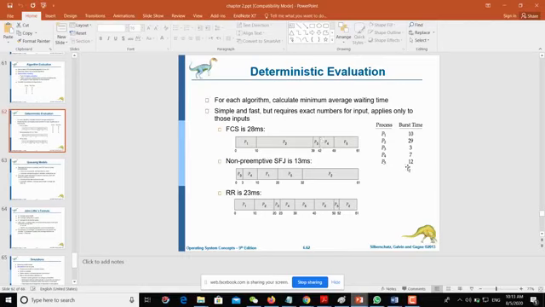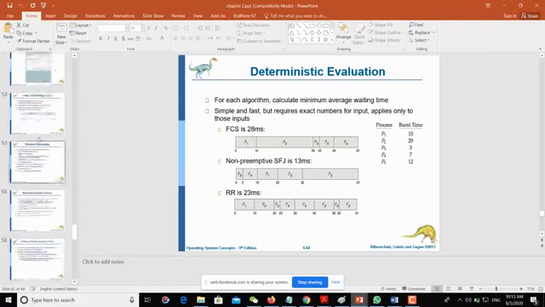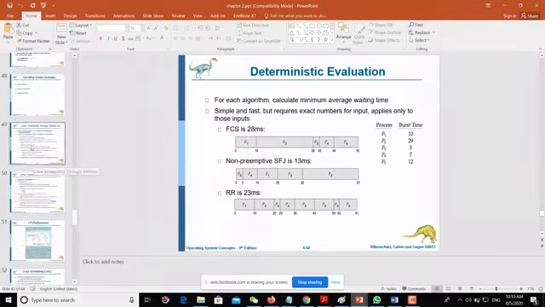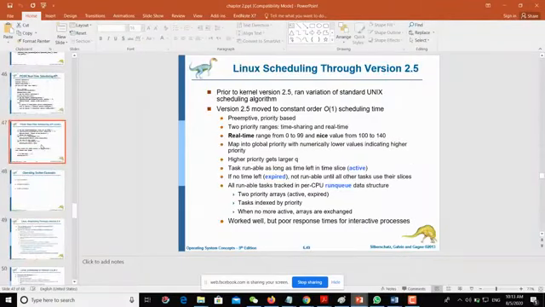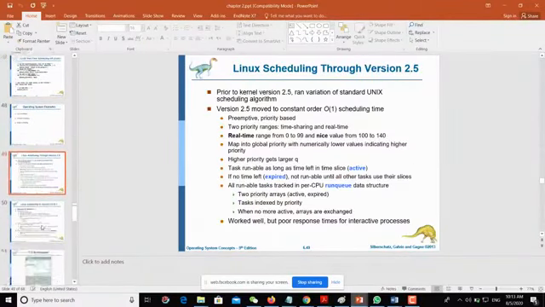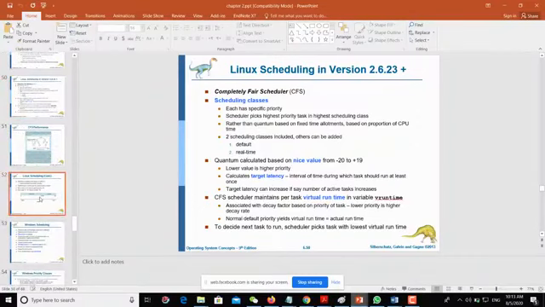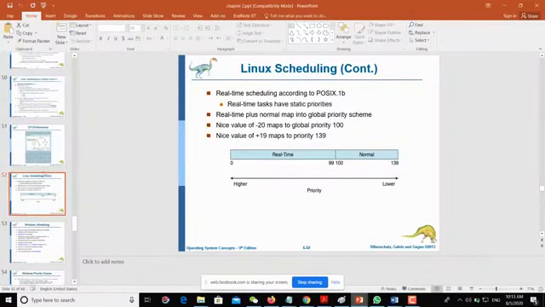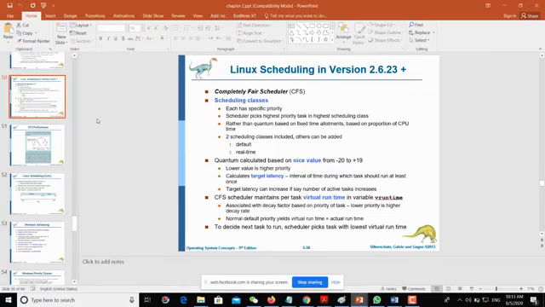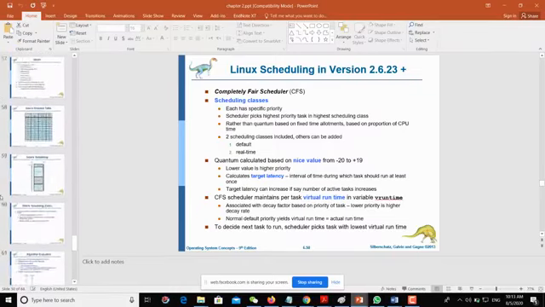Then P5 is 12, from 49 to 61, and P5 was executed. This is how it works in the completely fair scheduler, CFS.